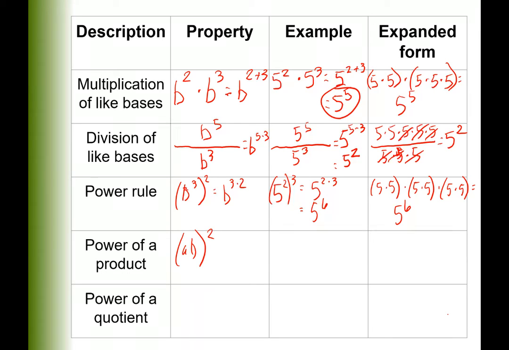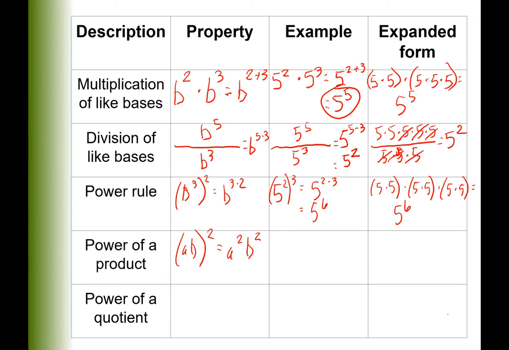What we end up having to do is square each individual number.